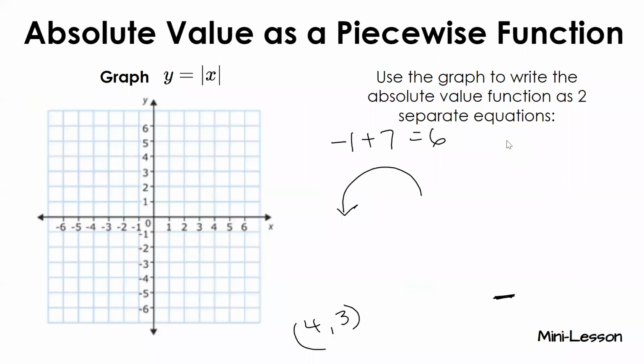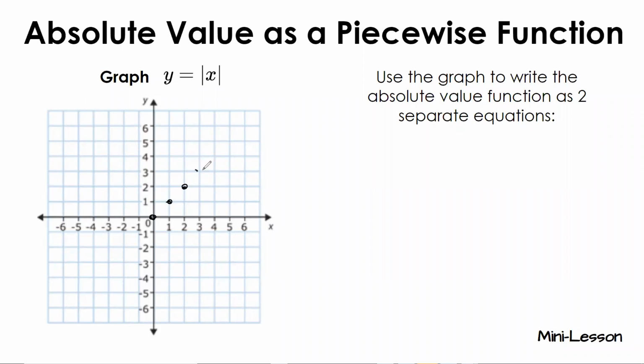Cool. Great. Okay, so let's talk about the parent function. We're going to use the graph to write the absolute value function as 2 separate equations. We already graphed this earlier, so we're going to graph it again. It's my quick graph.